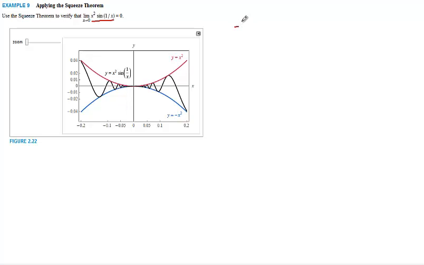I know right away that the sine of any theta is in between -1 and 1. I'm going to just let my theta equal 1 over x, and I really don't care what it is.